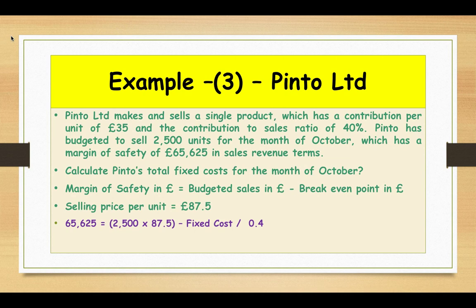We all know the break-even point in money value formula is fixed cost divided by the contribution to sales ratio. Here we don't know the fixed cost, but we know the contribution to sales ratio. So fixed cost divided by 0.4. If you sort this out, we will calculate the fixed cost of £192,500.